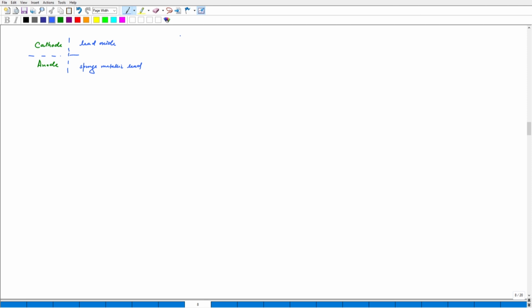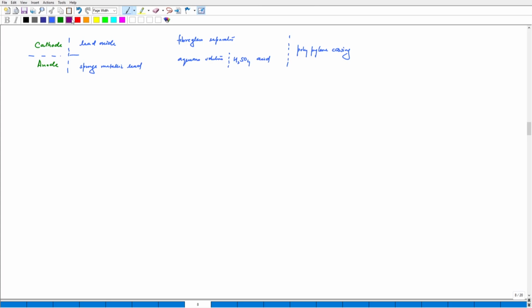We have fiberglass as separator, and we have, of course, the aqueous solution of H2SO4 acid, and all of this is inside a polypropylene casing. So the casing is polypropylene.